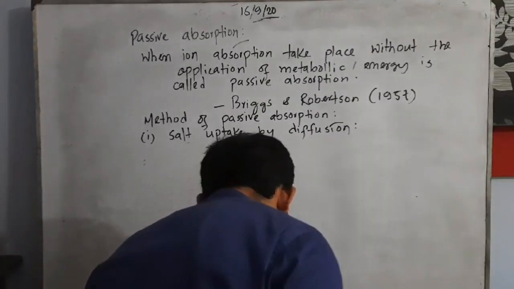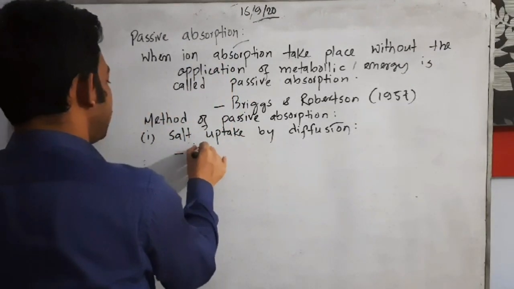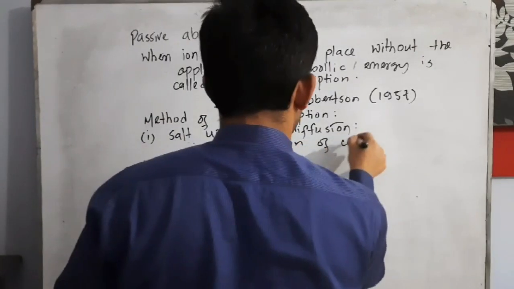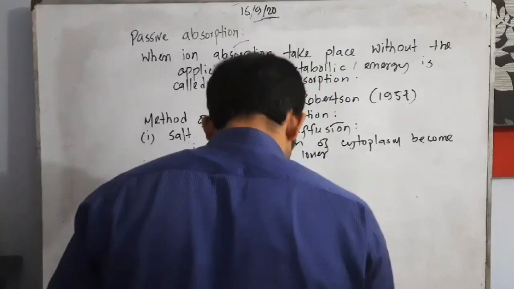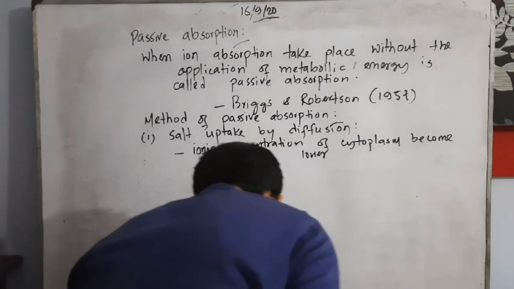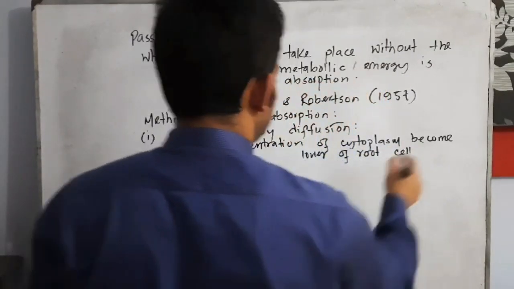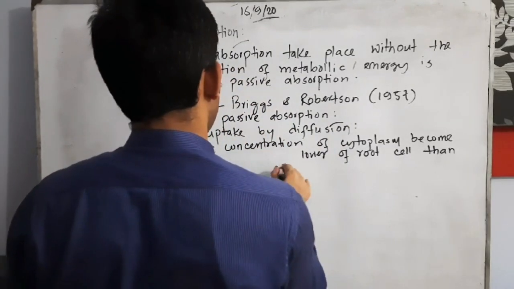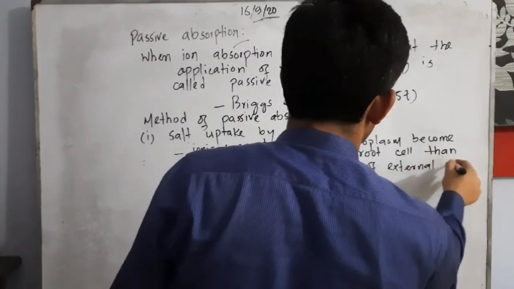In short, the ionic concentration of the cytoplasm of the root cell becomes lower compared with the concentration of the external salt solution.